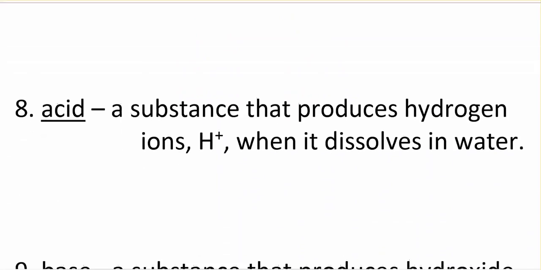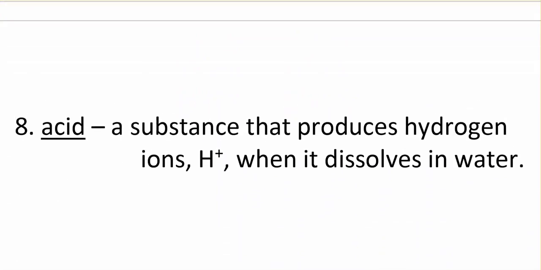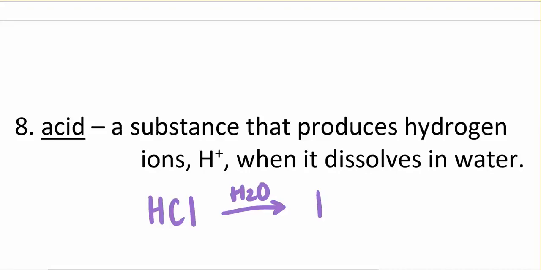An acid is something that produces hydrogen ions when it dissolves in water. And so, in other words, they normally will be written so that their first letter is an H. When we put this in water, it breaks apart into ions, like this.